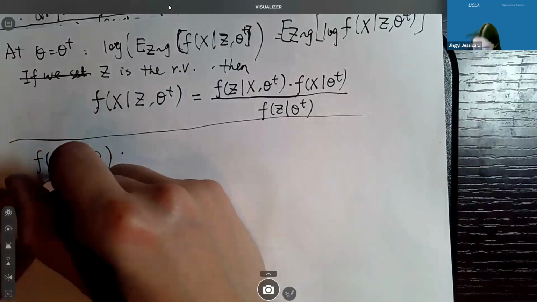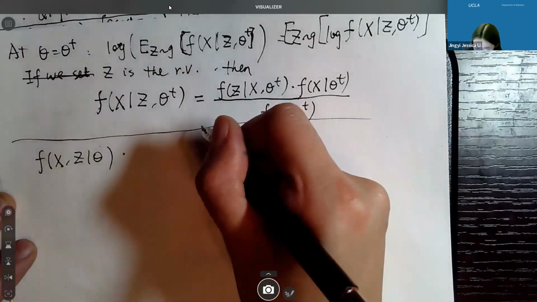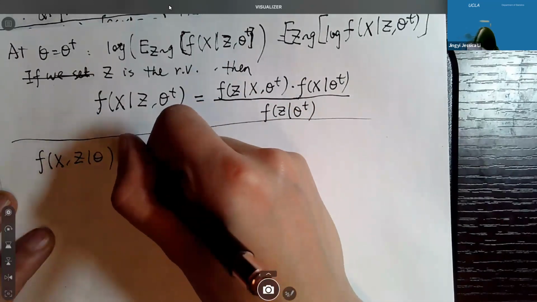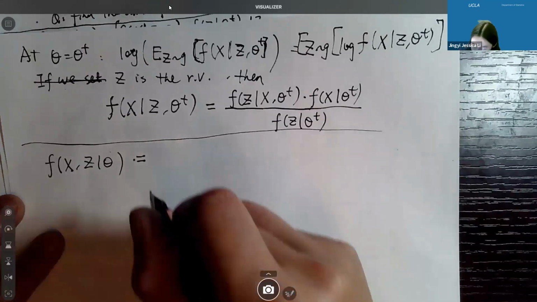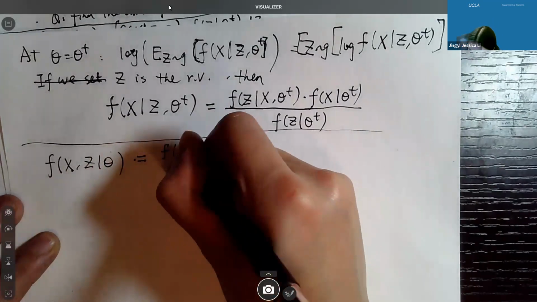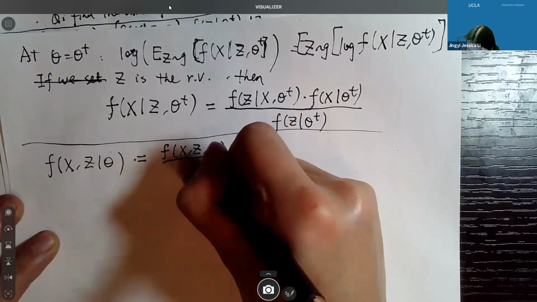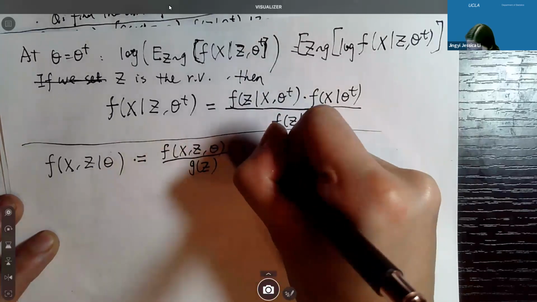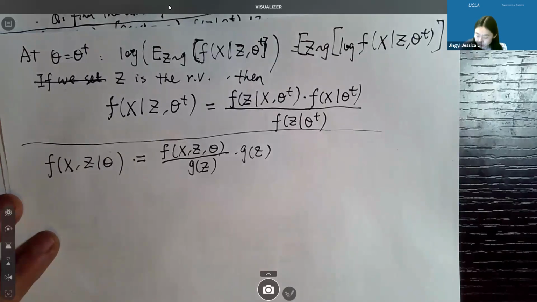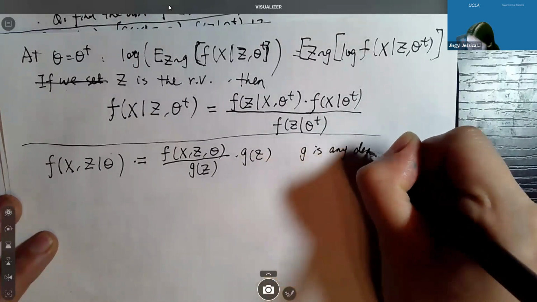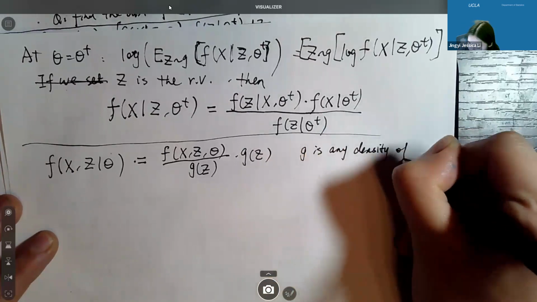So what I'm trying to say is that given this complete likelihood, what we want to write is f of x, z, theta divided by g of z, times g of z, where g is any density of z.